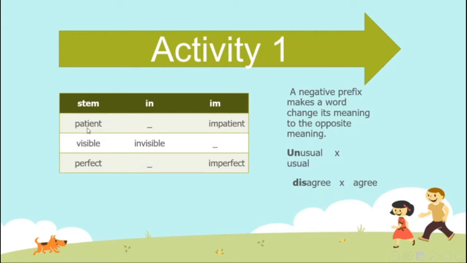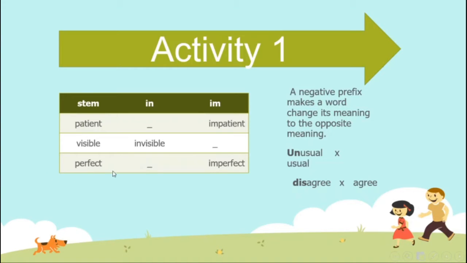Look with me here, the example, patient, impatient. Visible, invisible. Now the word patient, the opposite of it is impatient, and the word visible, the opposite of it is invisible.